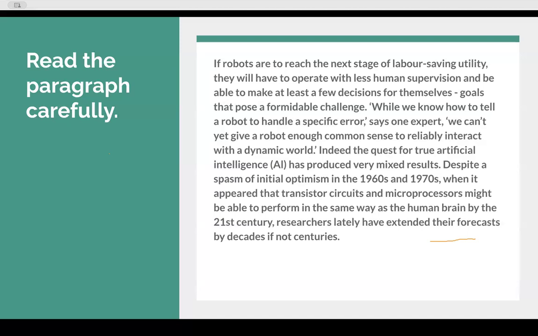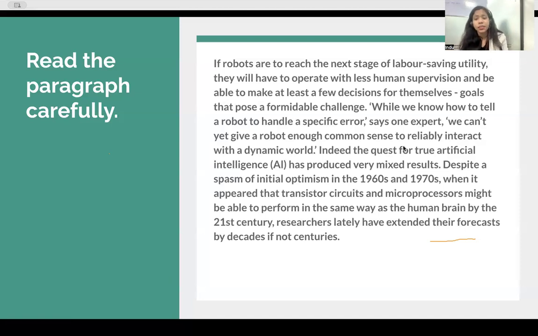Maybe I give some command to the AI in a sarcastic manner, but the AI is not advanced enough to understand that I'm being sarcastic, and it takes it for something I did not mean and does something entirely opposite of what it should have done. So that is one thing this expert said artificial intelligence cannot do.